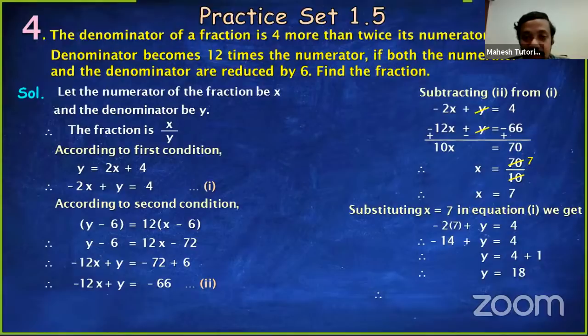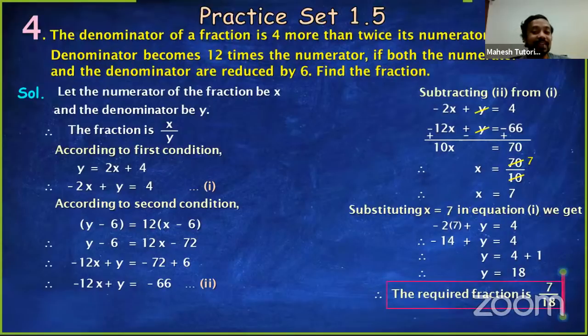Students, who was x? Numerator. Who was y? Denominator. Means numerator is 7 and the denominator is 18. Numerator 7, denominator 18. Can you all give me the fraction? Absolutely correct. The fraction would be 7 upon 18. I hope all the steps of this sum are clear to everyone.